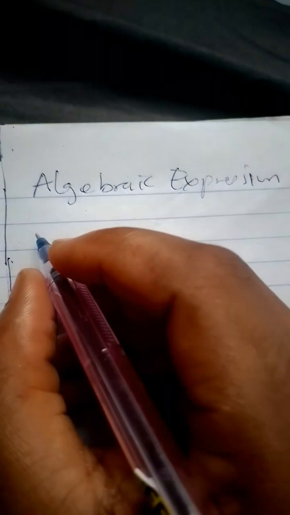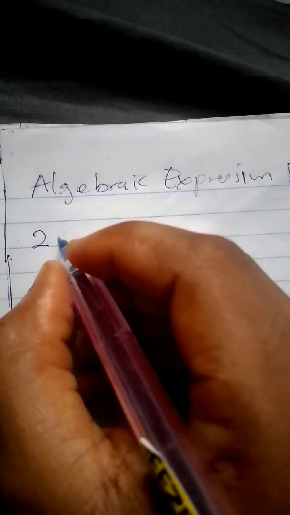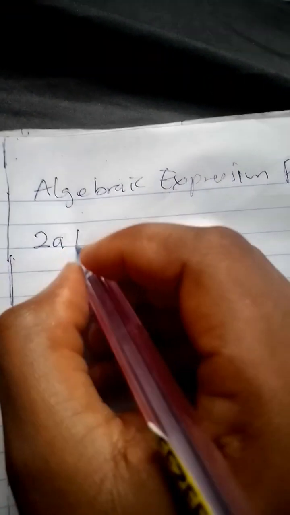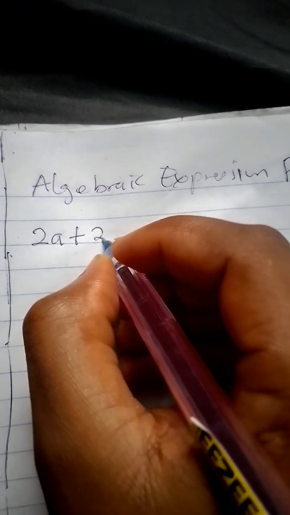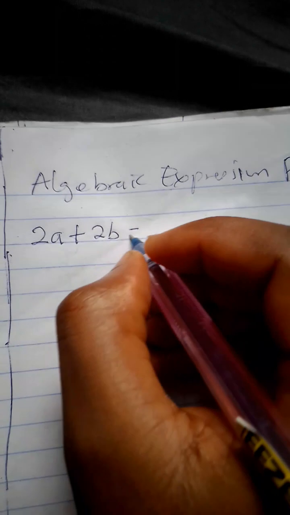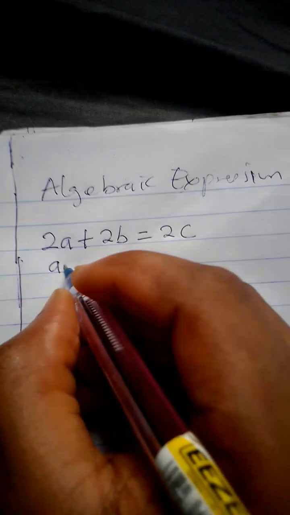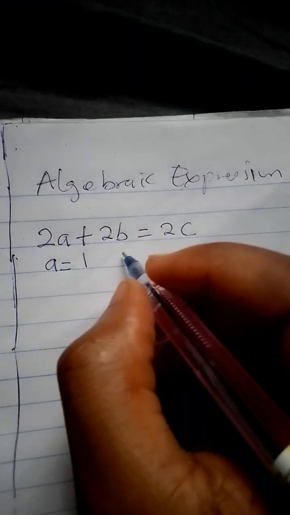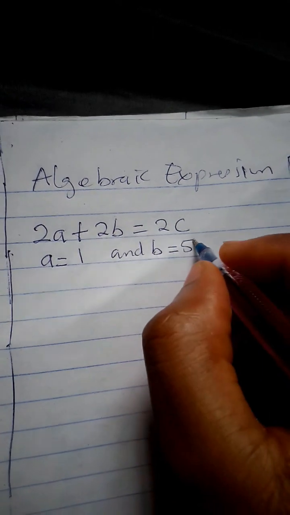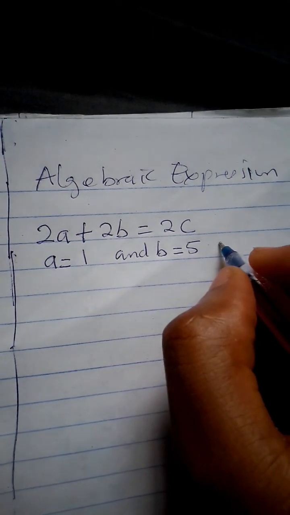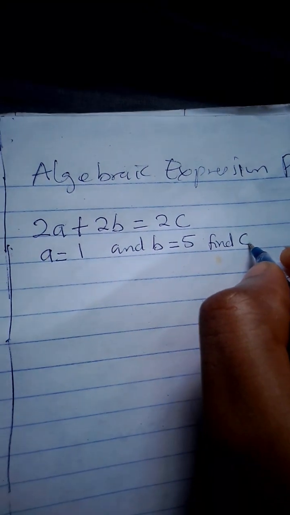So first of all, let's say we have this, and it says given A is equal to 1 and B is equal to 5, find C. So what are we going to do?